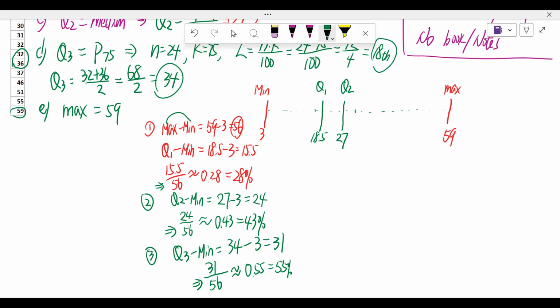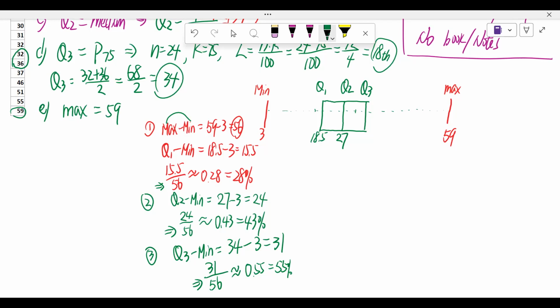So that's 55%. This is 50%. 55% is just a little bit more, which means this box plot is very skewed. Does that make sense? We have about 45% of the data between quartile 3 and maximum. Ideally it should be only 25%, but we have an additional 20%.